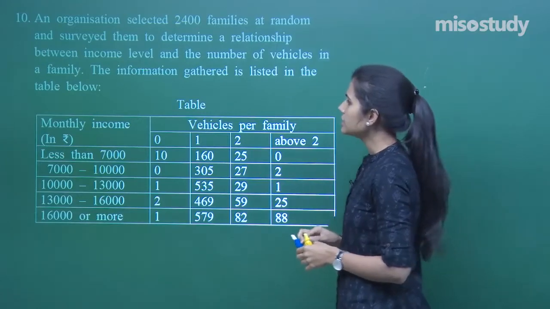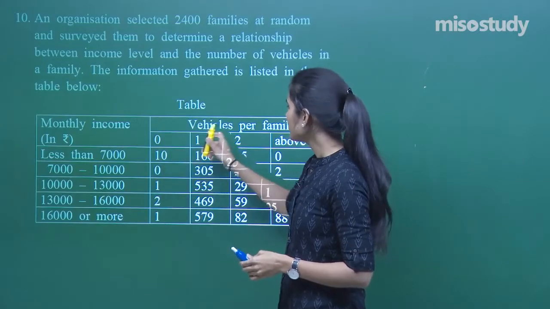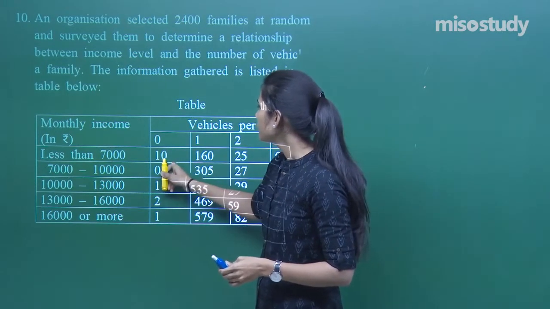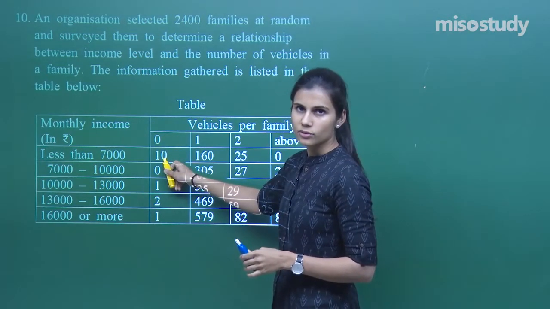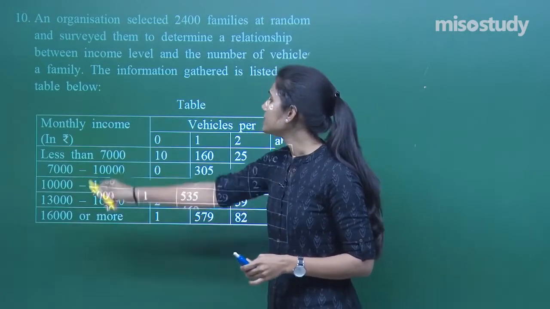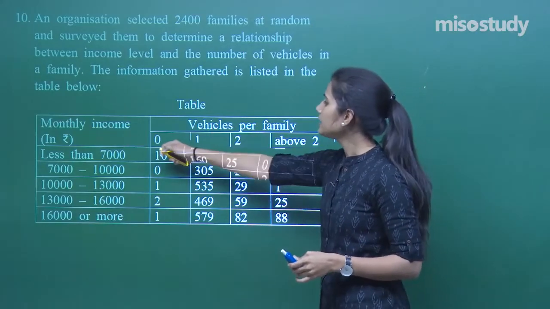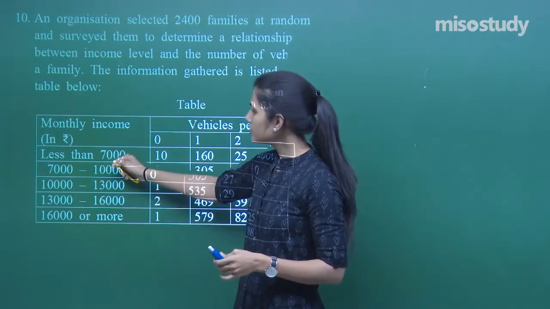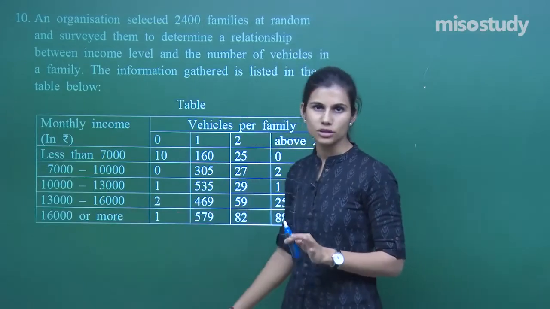The information is this: 0 number of vehicles are there in 10 families who have income less than 7,000. Vehicles per family, either 0 vehicles are there, 1 vehicle or 2 vehicles or above 2. Income is this, either the income is less than 7,000 or in this range or in this range or in this range or 16,000 or more.